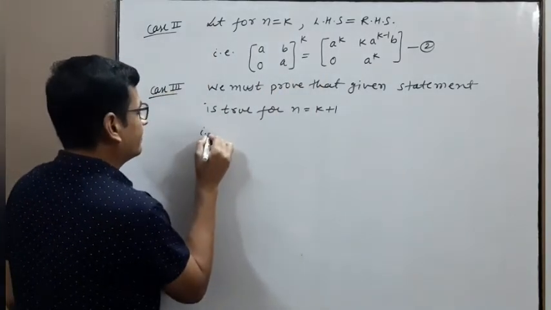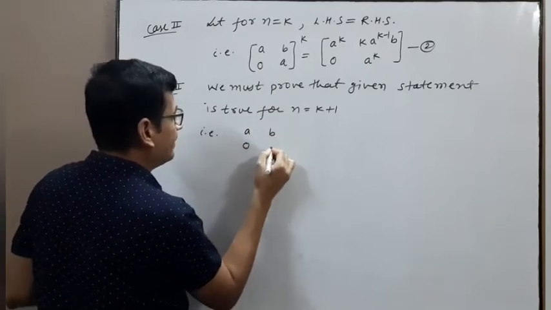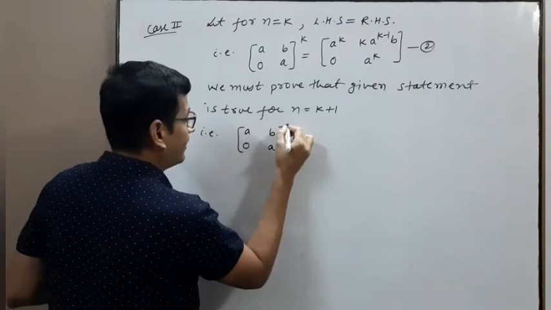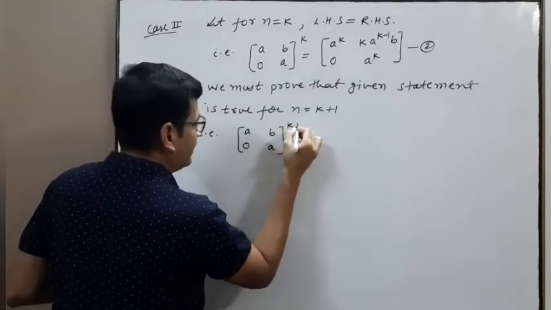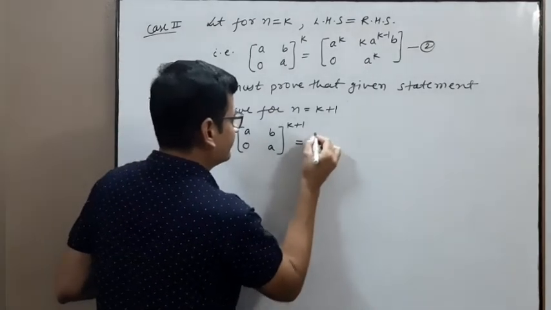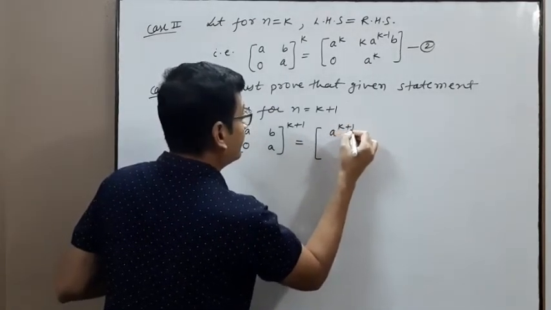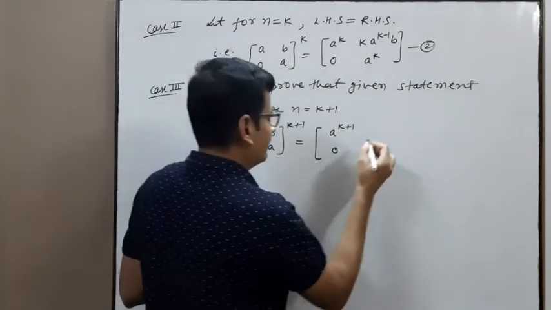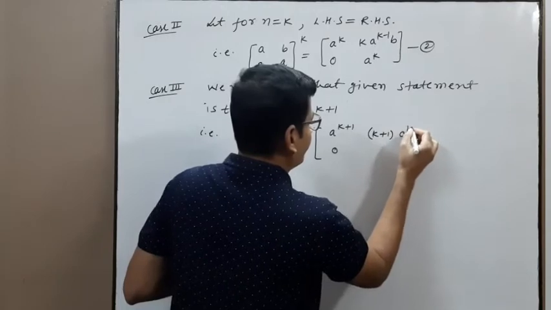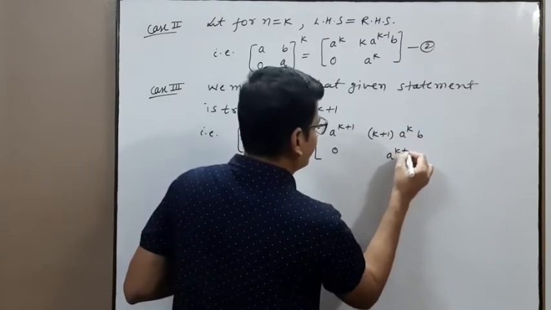That is, the left hand side is A 0 B A, and replace n by k plus 1 in equation number 1: write n equal to k plus 1, and we get A to the power k plus 1, 0 k plus 1 A to the power k, B and A to the power k plus 1.